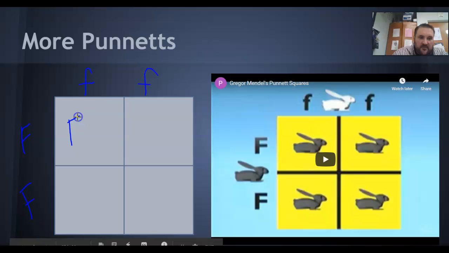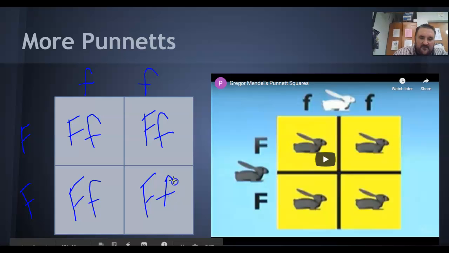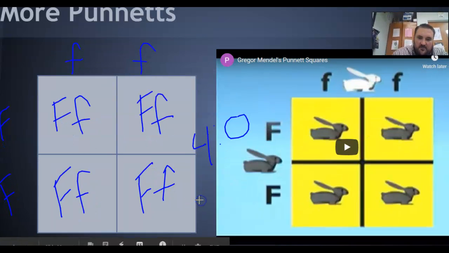When you bring it over, you get dominant, recessive, dominant, recessive, dominant, recessive, dominant, recessive. In this case, that is a 4-to-0 ratio.